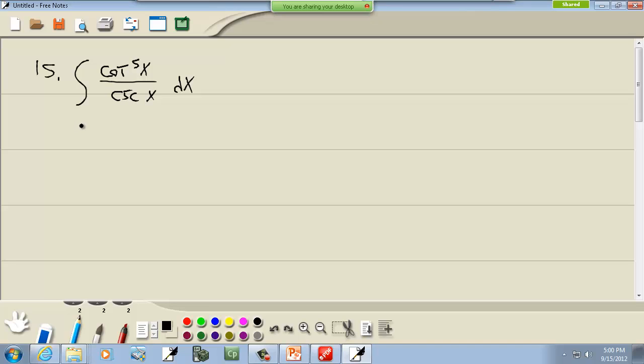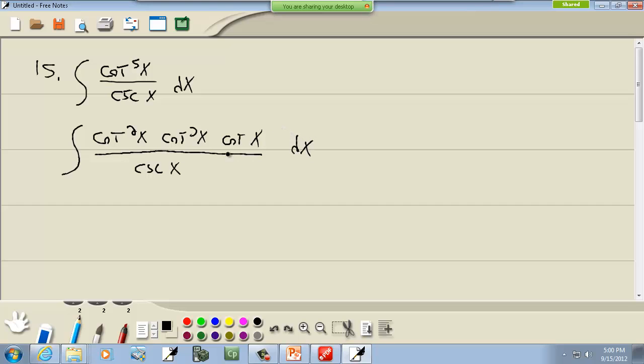Well, so this right here would be cotangent squared, cotangent squared. Let me put the x in there. Cotangent squared, cotangent squared, cotangent over cosecant dx. And then the cotangent squared, even though you have it down from before, recall that 1 plus cotangent squared is equal to cosecant squared.